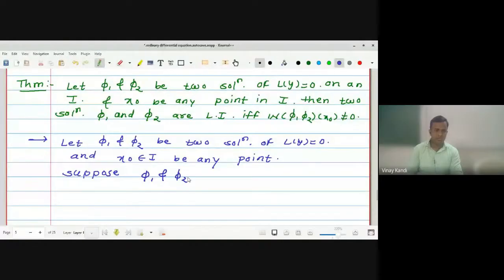Suppose they are linearly independent solutions. We have to prove that the Wronskian of phi1 and phi2 at that particular point x naught is not equal to 0.